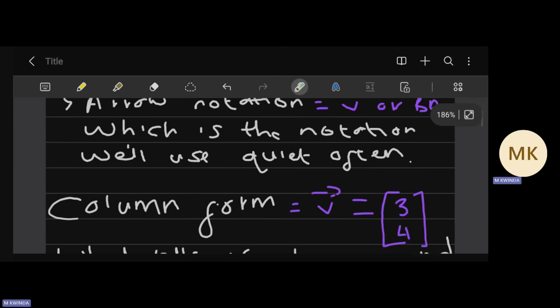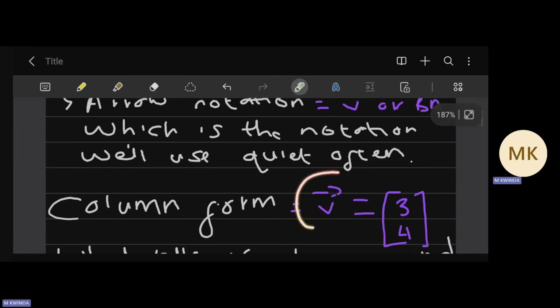Secondly, we have the column vector. You would have that arrow notation and the column vector like that. Mind you, this is not really a matrix. A matrix would be if you had V on its own. But right now you have V with that arrow, which tells us this is not a matrix, but a vector.